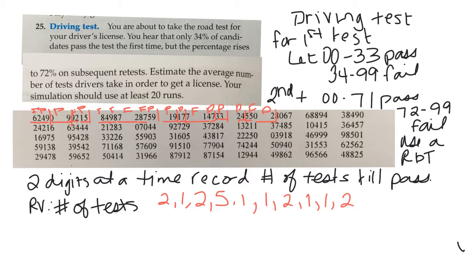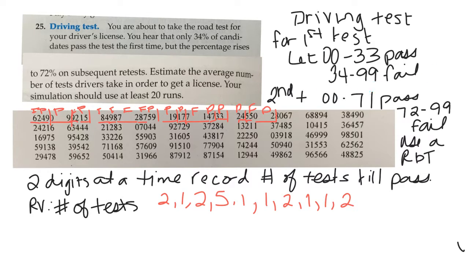Okay, wait. So when you did the 71 to the 47, the 71 was a fail. Right, because we're looking at these numbers for the first number. Okay. So 71 is a fail in here.